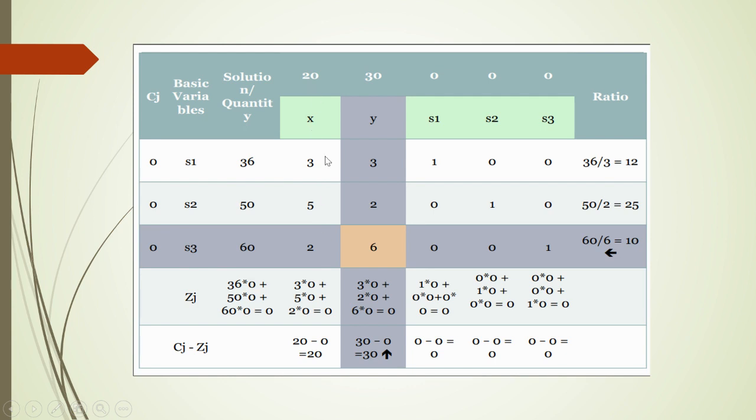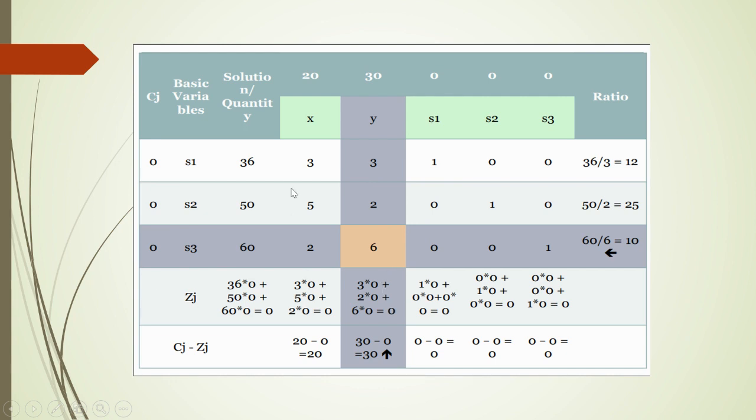So this is cj: 20, 30, 0, 0, 0. These are the cj values. And zj values we have computed. These are the zj values: 0 into 3, 0 into 5, 0 into 2, 0, and 0 into 3, 0 into 2, 0 into 6. And 0 into everything is 0. So the answer is 0. So these are the zj values.